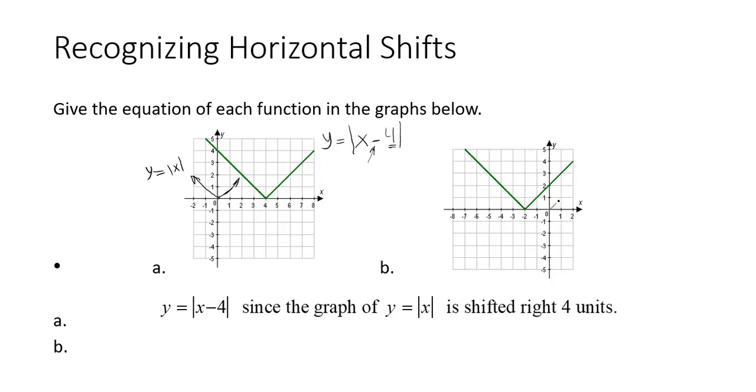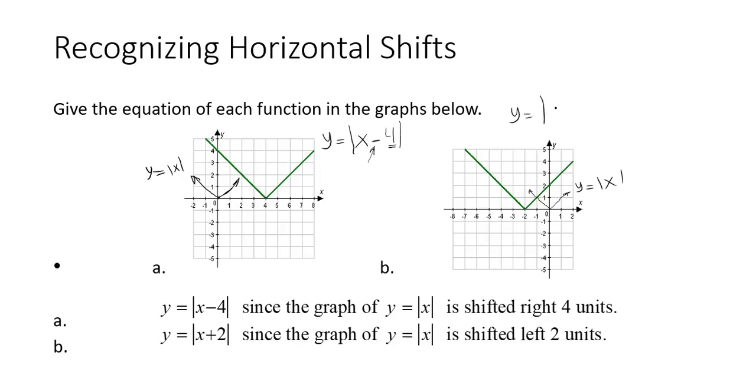Similarly, we're moving from the origin. Here was absolute value of x. We're shifting to the left 2 units. So the equation of this line would be y is equal to absolute value of x. It really is x minus (negative 2), because we're moving 2 units to the left.